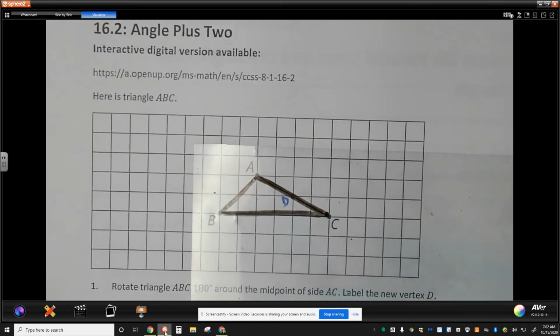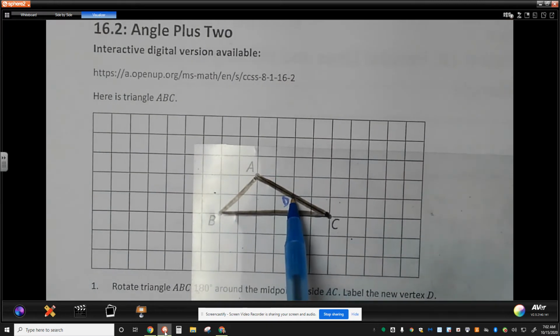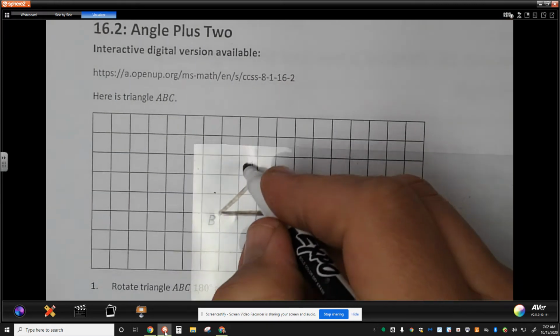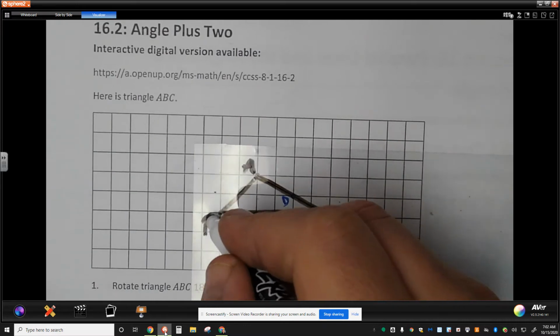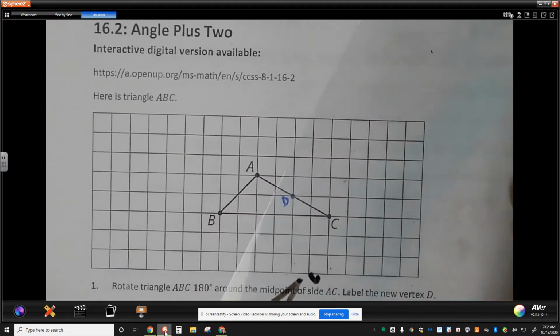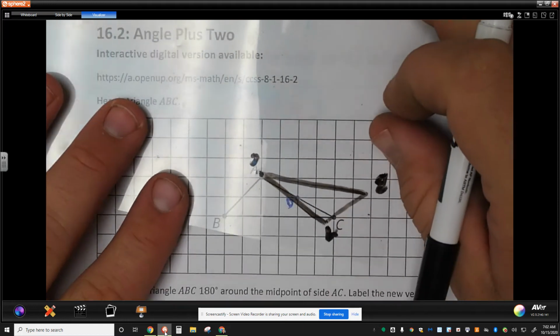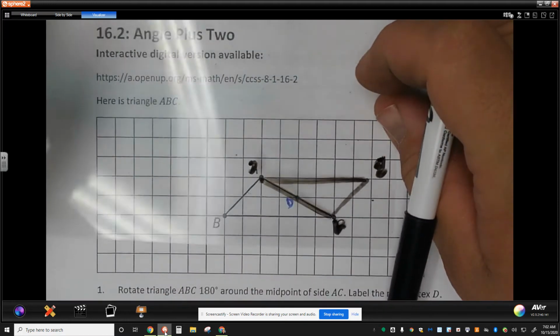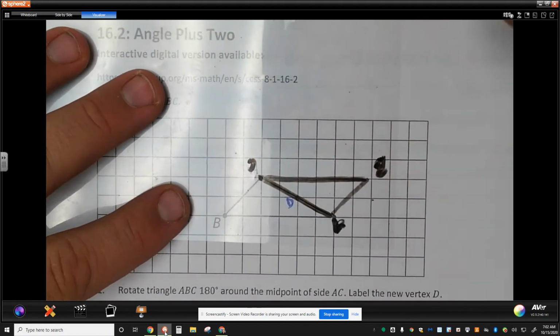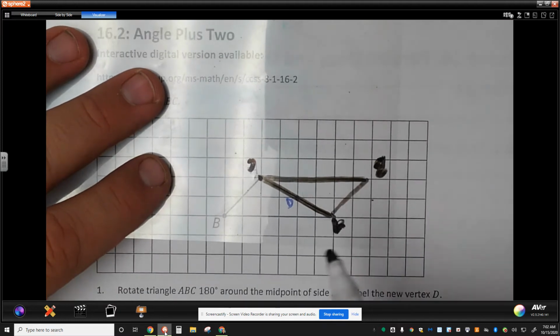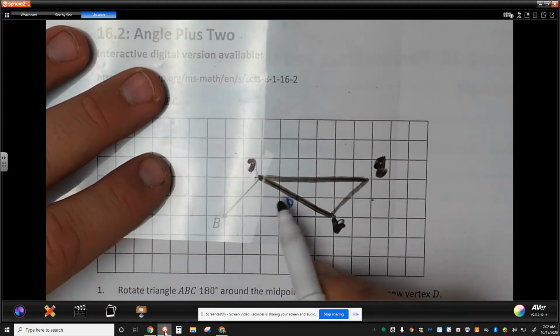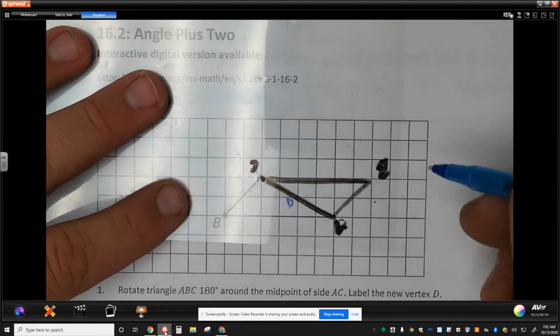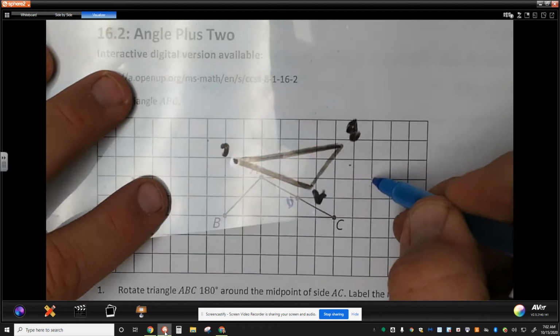So with a rotation of 180 degrees around point D, point A and point C basically just switched places. And we can see that the relationship of where vertex B is in this triangle is in the same relative location on the other side, just 180 degrees away. And so we'll go ahead and mark that point.